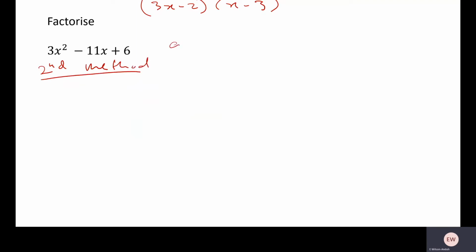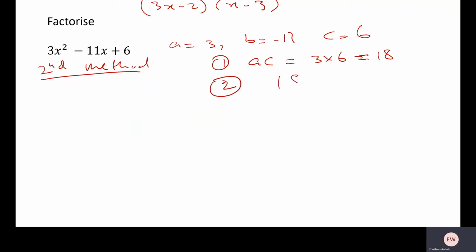now we have a to be 3, b to be minus 11, and c to be 6. So we find our AC. AC is 3 times 6, which is 18. And then the two factors are going to be -2 and -9.